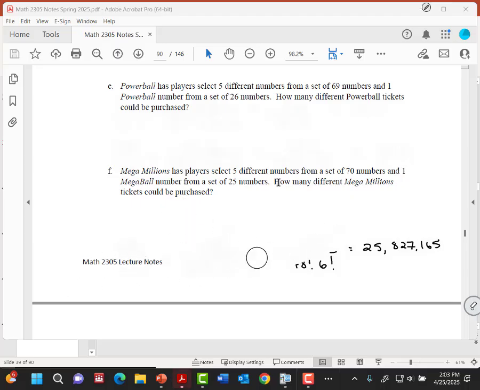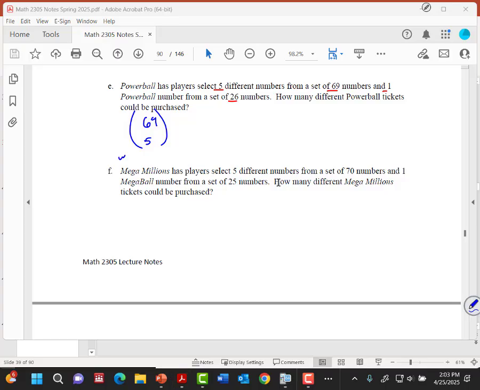Powerball. Players choose 5 numbers from a set of 69, and then 1 Powerball from a set of 26. How many different Powerball tickets could be purchased? Okay, so this is how we're going to approach this. From the 69 numbers, choose 5 of them.